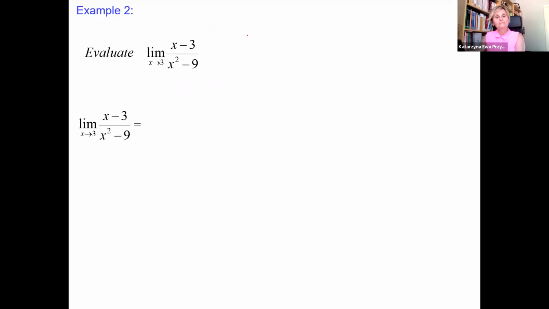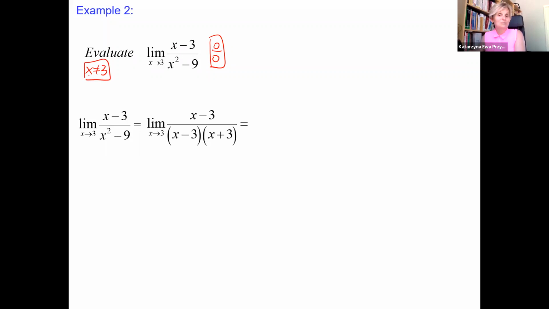Evaluate the limit as x goes to 3 of x minus 3 over x squared minus 9. Substituting 3 instead of x, we get 0 in the numerator, and 9 minus 9, 0, in the denominator. Again, 0 over 0, and of course, because 3 is not in the domain, but that's not a problem for the limit. Let's find this common factor.